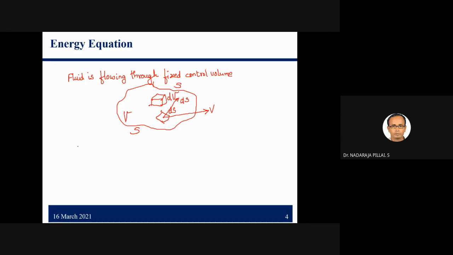Now when the fluid is flowing through the fixed control volume, by discussing the temperature, we can write three terms. One is, say A, equal to the rate of heat added to the fluid inside the control volume from the surroundings, right?